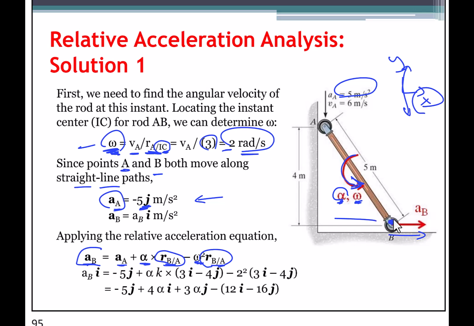Looking at it, we have to go 3 in the X direction and minus 4 in the Y direction. So this is 3i minus 4j. And if this is rotating this way, then this is positive because it is in the positive direction.